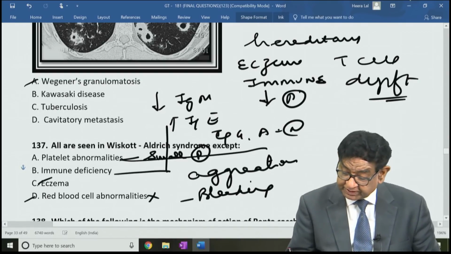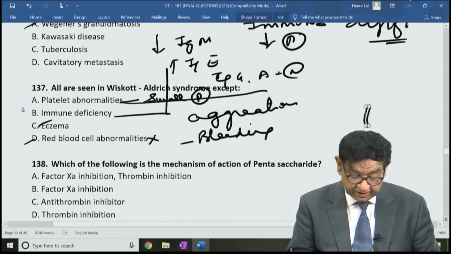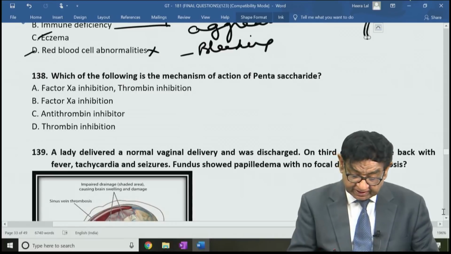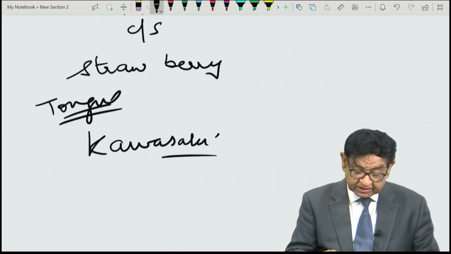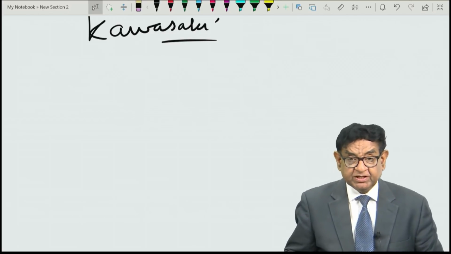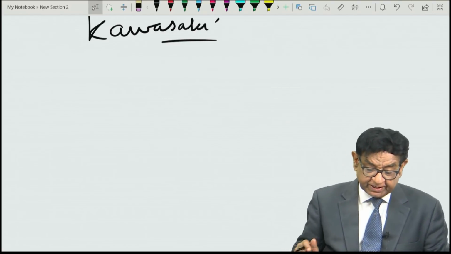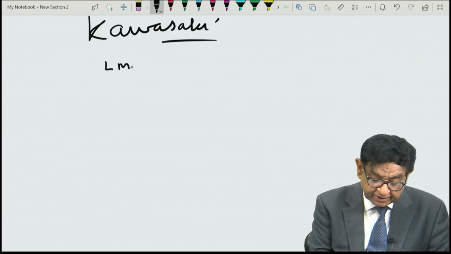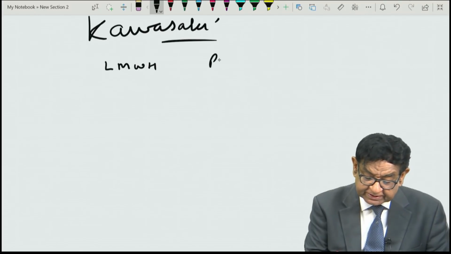Question number 137. What is the mechanism of action of pentasaccharide? So let's learn. In fact, we learn about the mechanism of action of all the newer anti-clotting drugs. The newer anti-clotting drugs are as follows. Low molecular weight heparin. We have pentasaccharide.